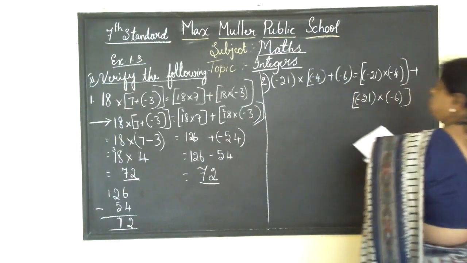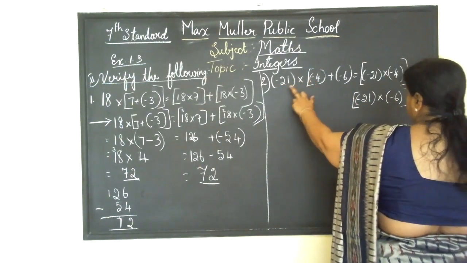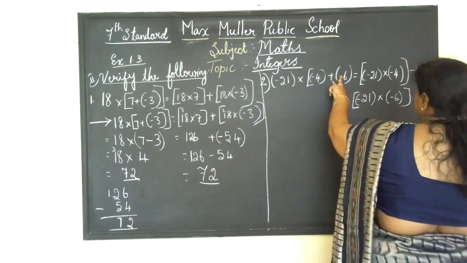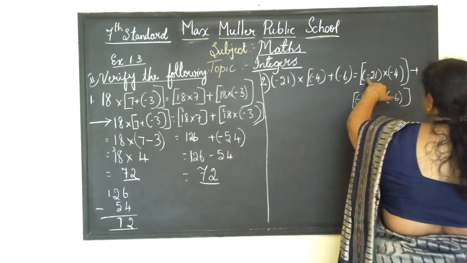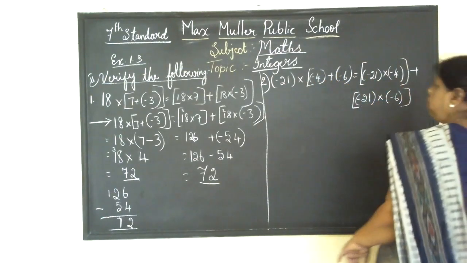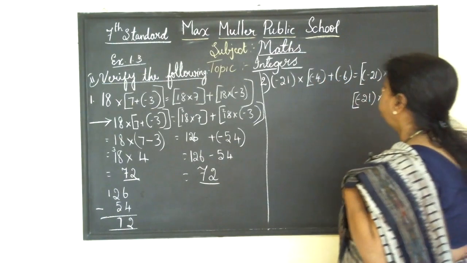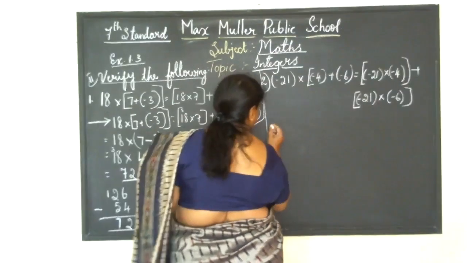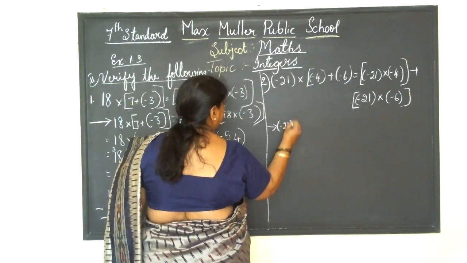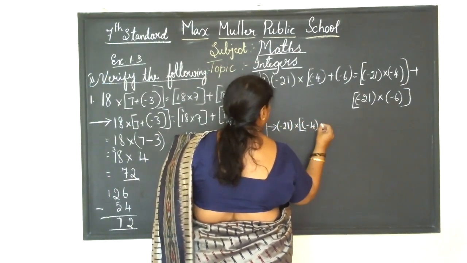This is your question. Here minus 21 is multiplied with minus 4 and again minus 21 is multiplied with minus 6. So now what are we going to do? I'll write the answer below. I'm writing the question again, children. Don't get confused.